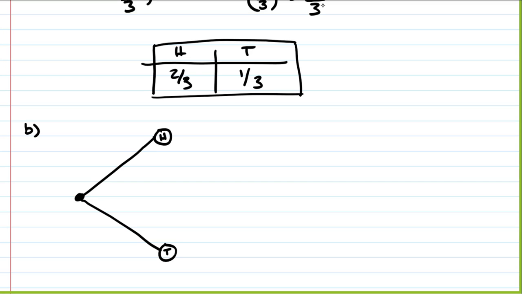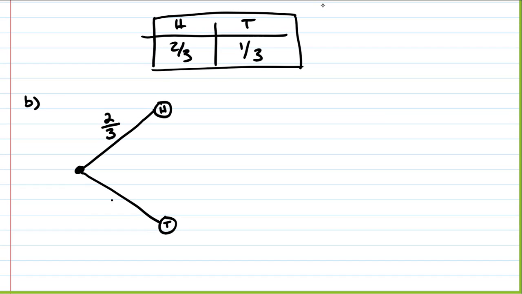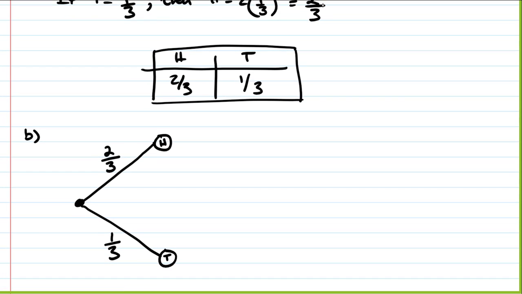So what's my probability of getting a head? Well, for this coin, we just discovered our heads is 2/3, right? And for this coin, what's our probability of getting tails? 1/3.